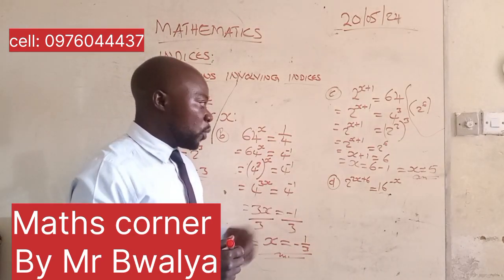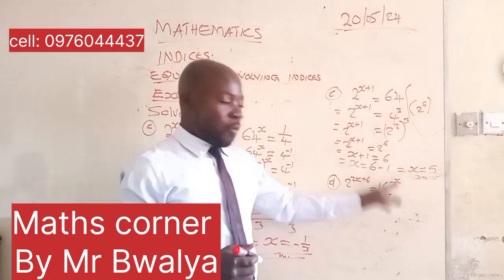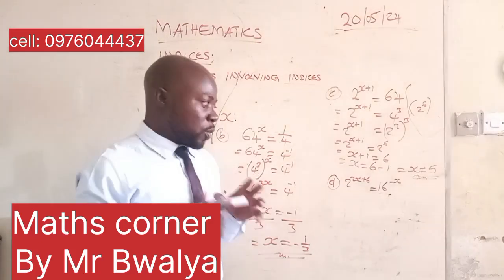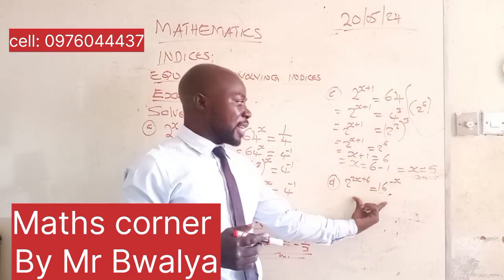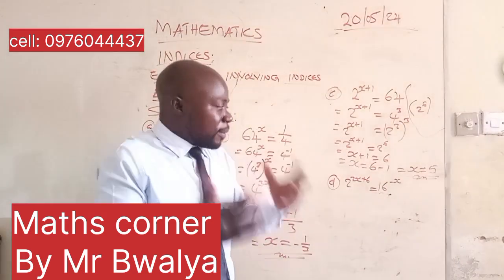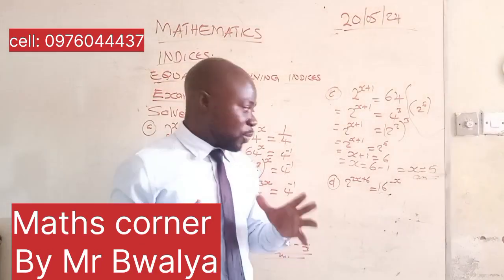2 to the power 2x plus 6 is equal to 16 to the power negative 1. Very simple question. You don't need to fear when you see a question like this and wonder what you are going to do. Be at ease and handle the situation diligently with confidence.